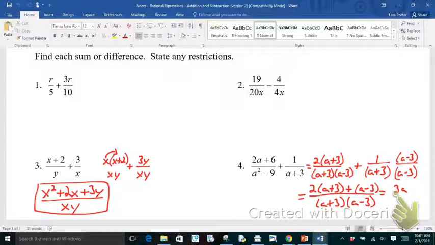And then 2 times 3 is going to give us 6, minus 3 is going to give us plus 3. All of this over, and we can put it back together, or we can leave it separate, but since I'm running out of space, I'm going to put this back together. This is going to give us a squared minus 9. And that would be your final answer.